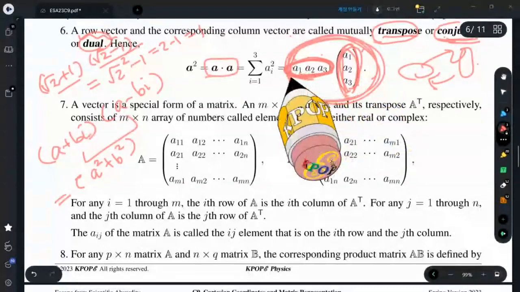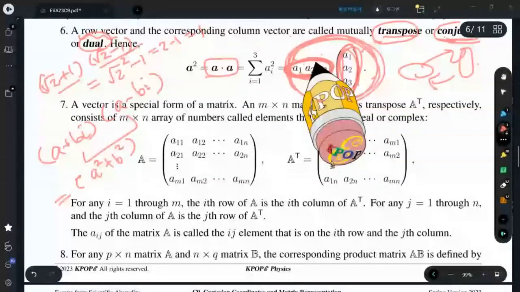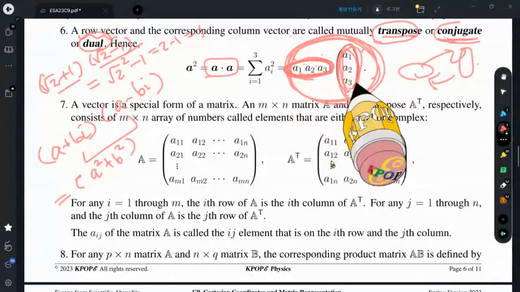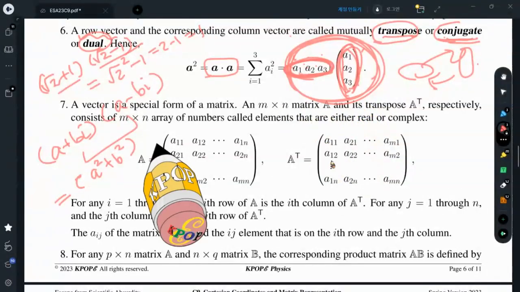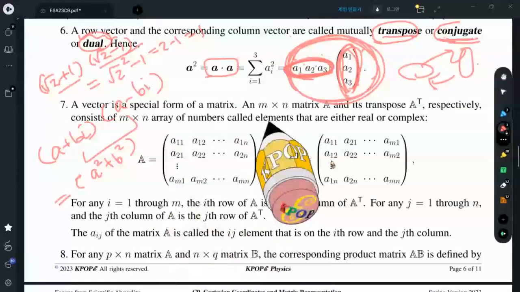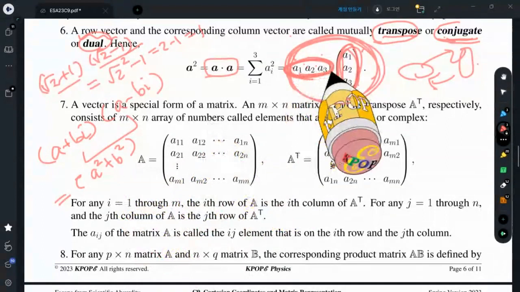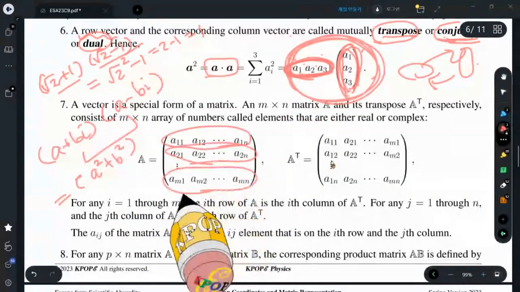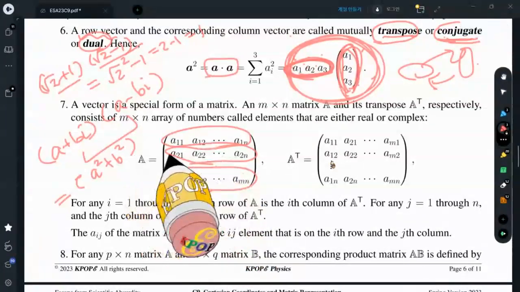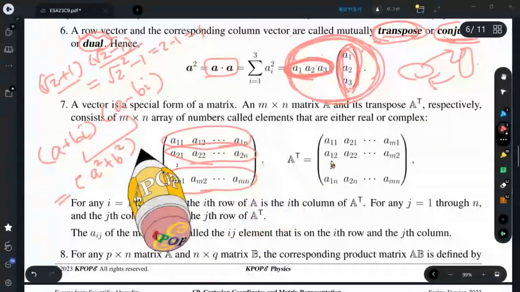The number of elements must be the same when I want to multiply a row and a column. So we generalize this to a more complicated form, but it is trivial. A matrix is this kind of list of numbers.